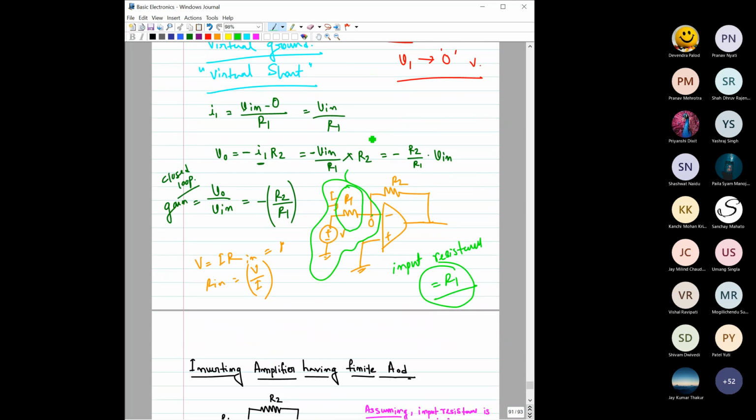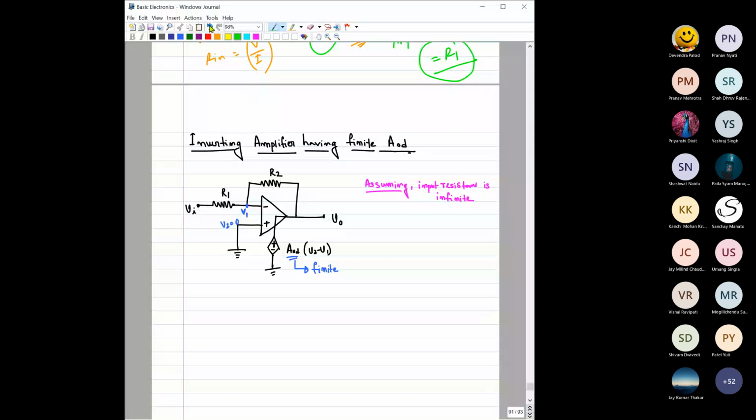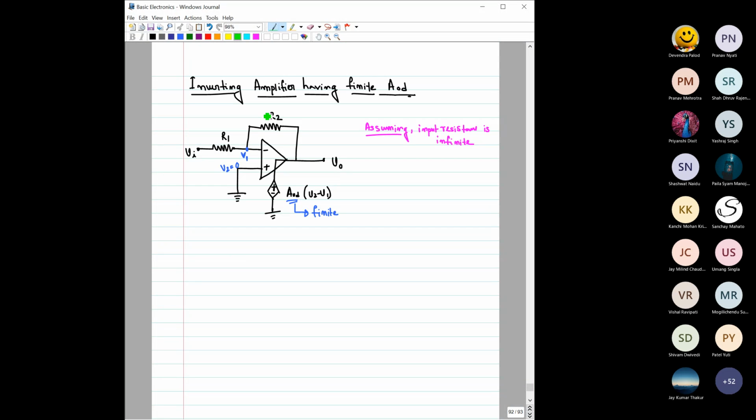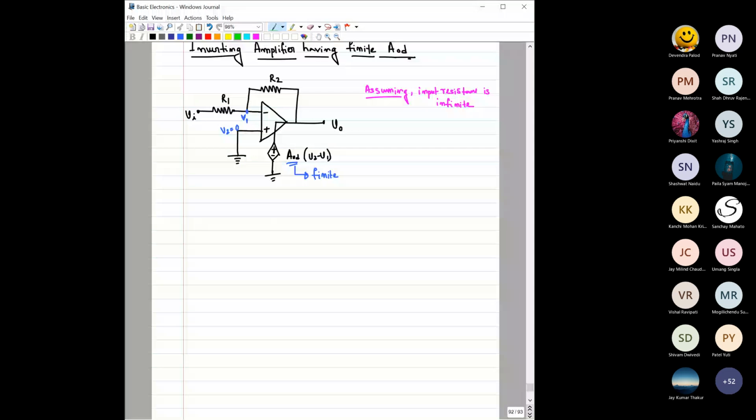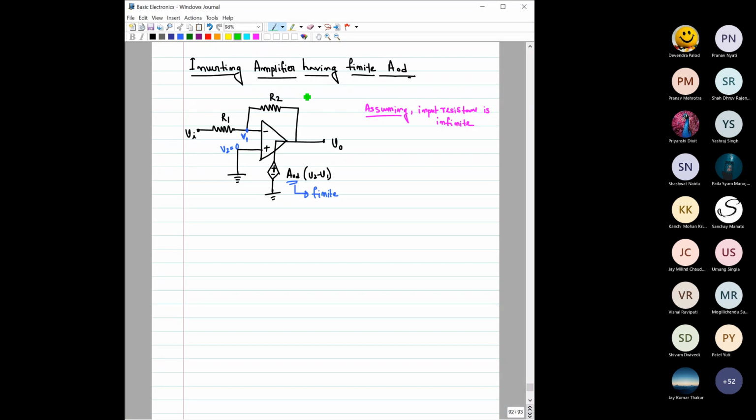Okay, I think we have to stop here because your time for the next class is approaching, and I don't think I will be able to finish the next discussion within 2-3 minutes. Next would be the inverting amplifier having a finite AOD. Here we will introduce one more non-ideality factor.